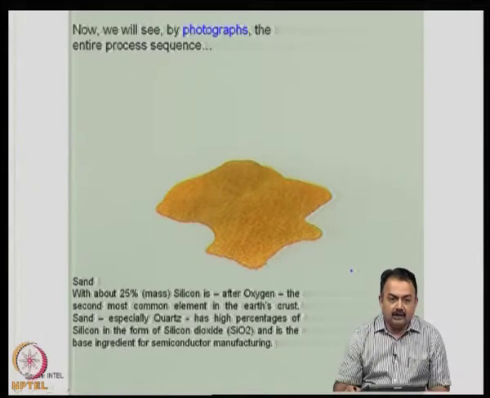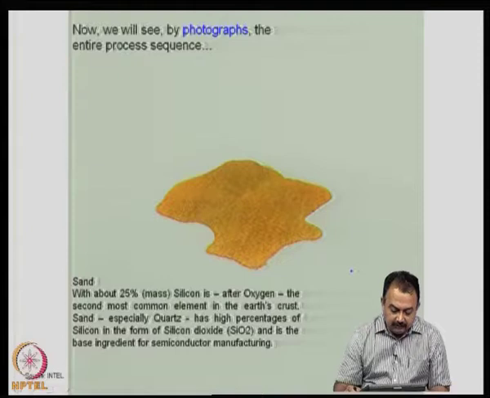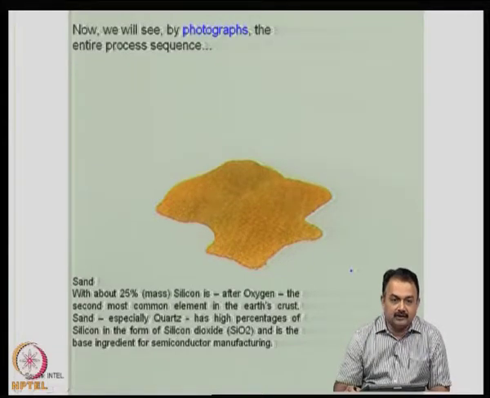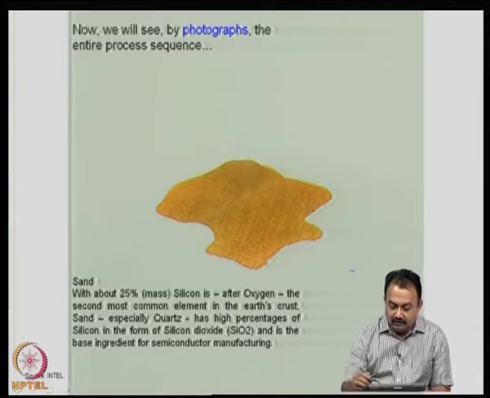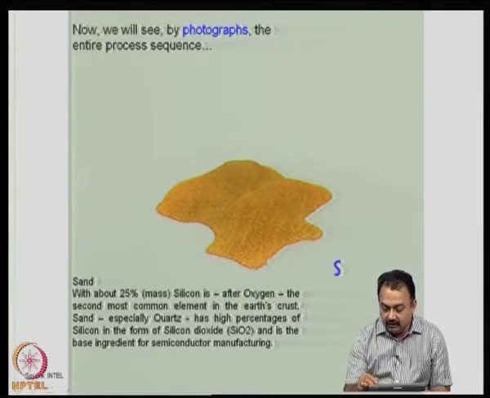Sand, especially quartz material, has a higher percentage of silicon in the form of silicon dioxide and is the basic ingredient for semiconductor manufacturing. Okay. So, we are going to start with silicon dioxide that is present in quartz.